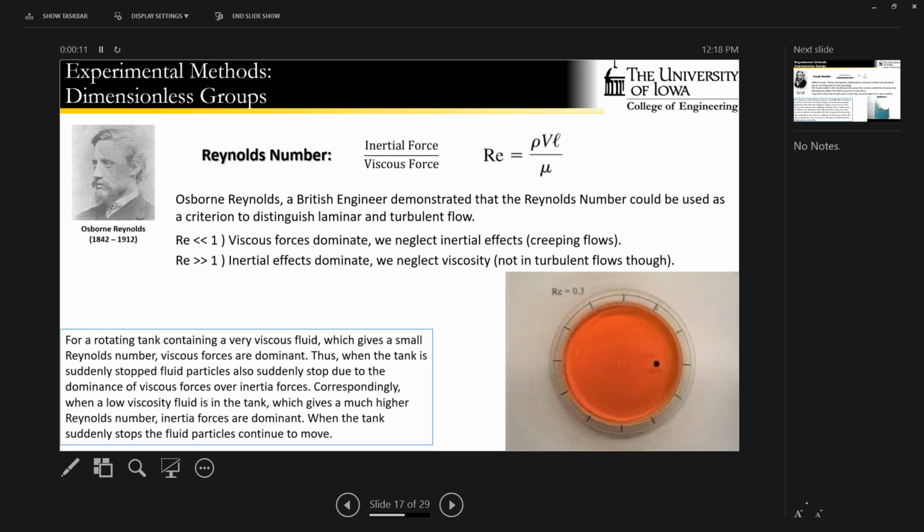Density times velocity times some length. And that length can be a diameter, it can be the length of a plate, etc. And we'll see later as well that this can basically be interpreted as the ratio of inertial forces to viscous forces, and makes the difference between what we call laminar and turbulent flows.